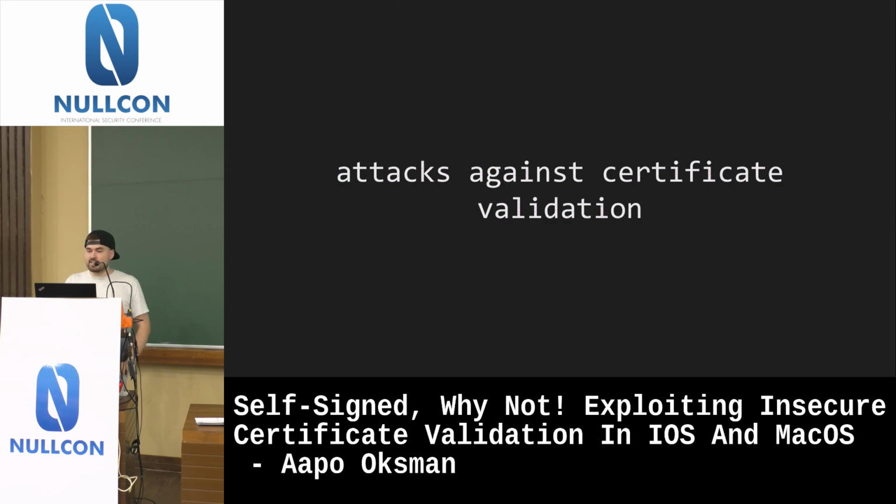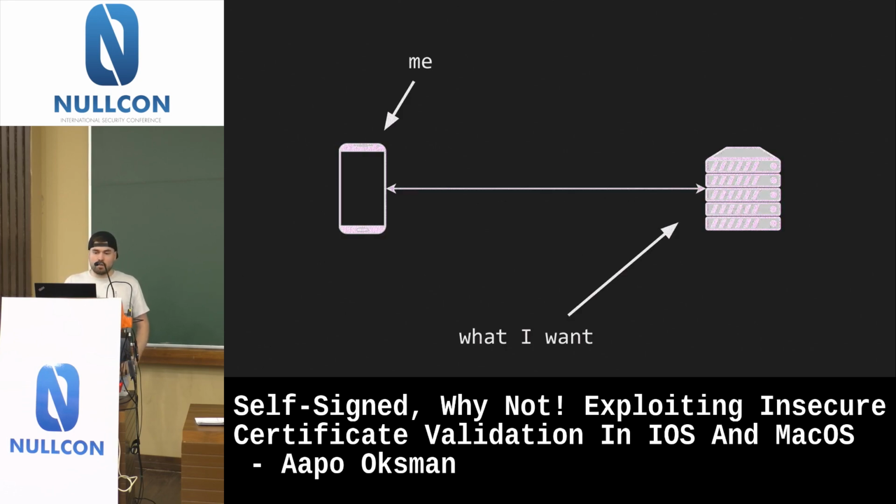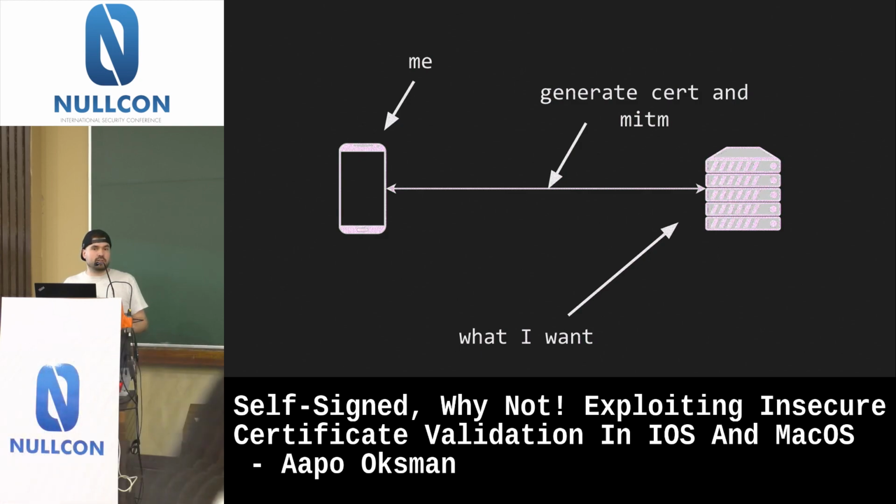So, attacks against certificate validation. Again, there's me, there's what I want, and there's someone in between. So what you have to do is just generate a certificate and do a machine in the middle attack, where you intercept the connection and give your certificate.